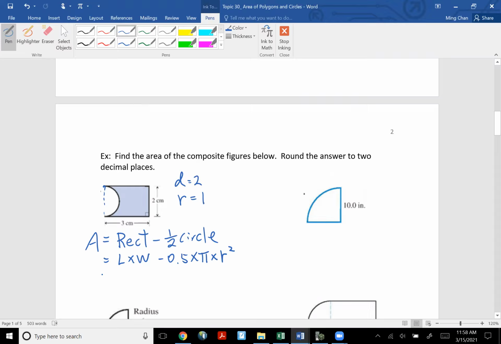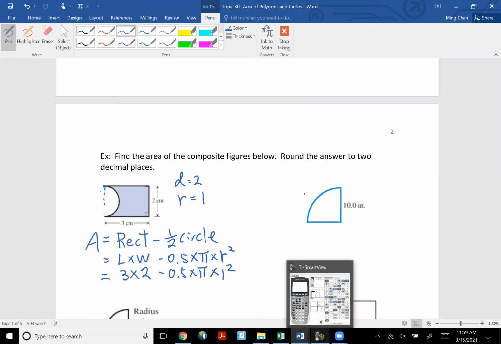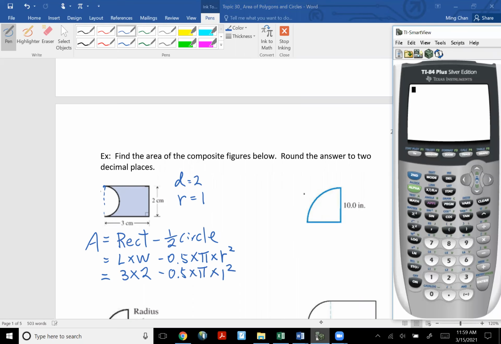Okay, so let's write what we know. The length times width, that will be 3 times 2, minus 0.5 times the pi key times the radius, which is 1, so 1 squared. 1 squared is not 2. 1 squared is 1 times 1. It's always safer to just put it in the calculator.